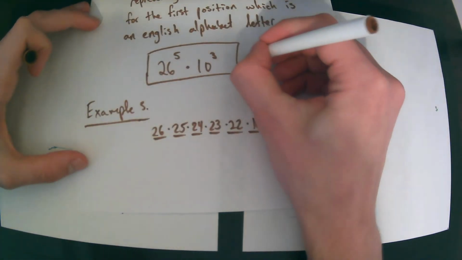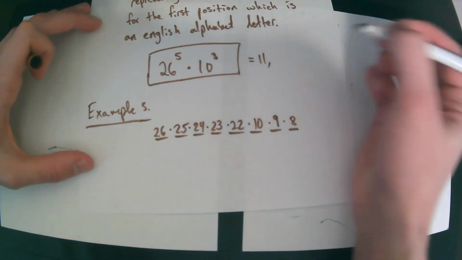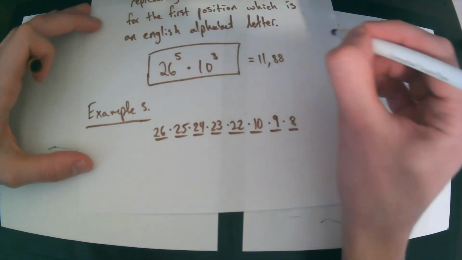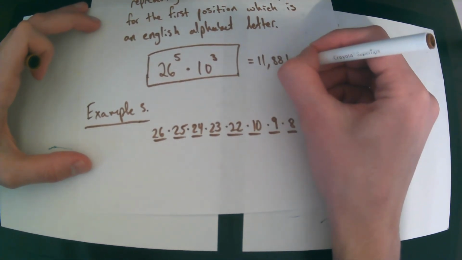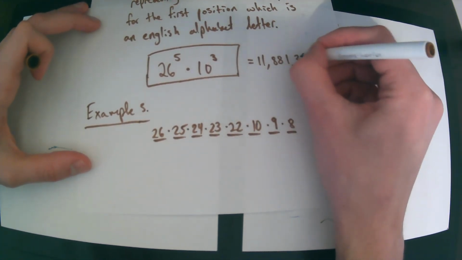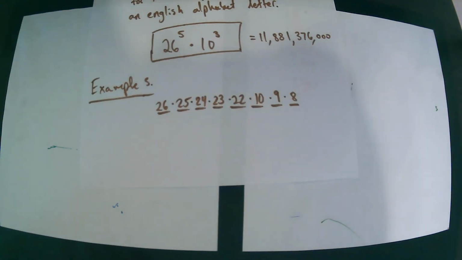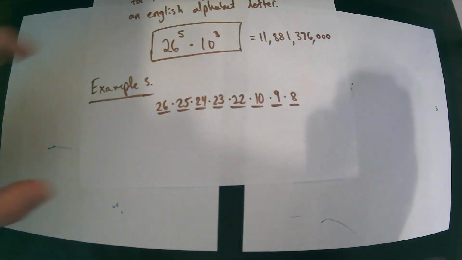So this first one is 11,881,376,000. And this one is 26 times 25 times 24 times 23 times 22 times 10 times 9 times 8. It's much less.